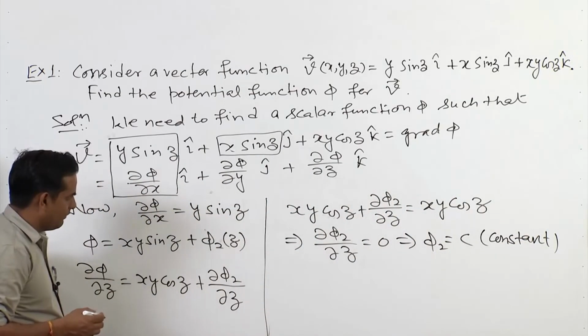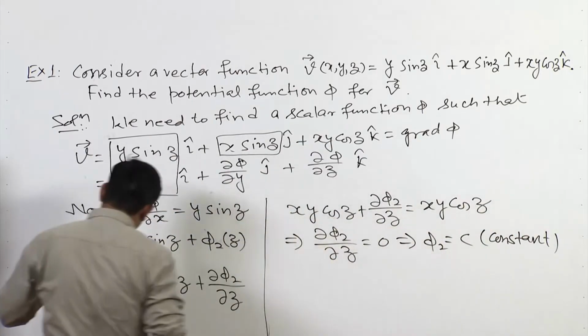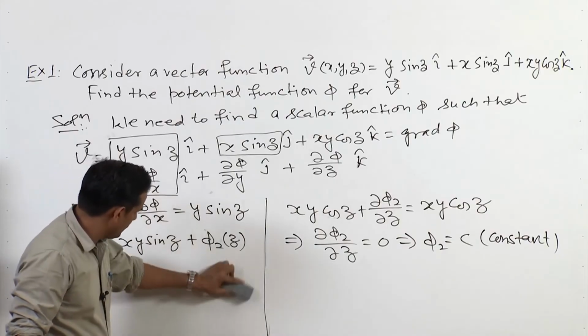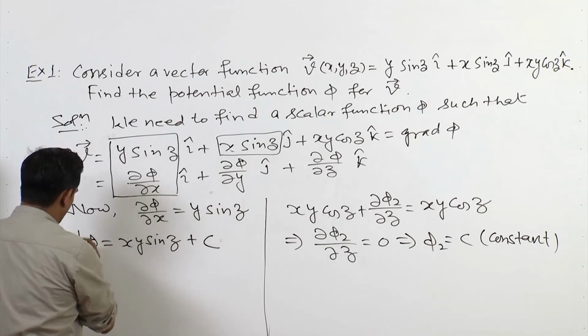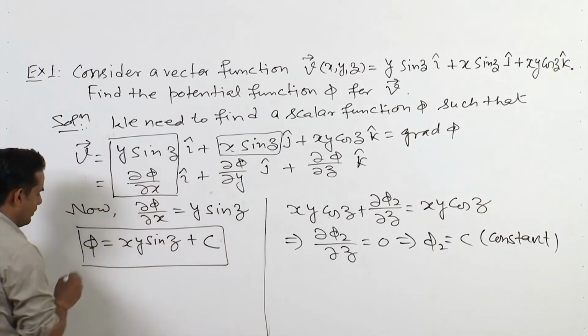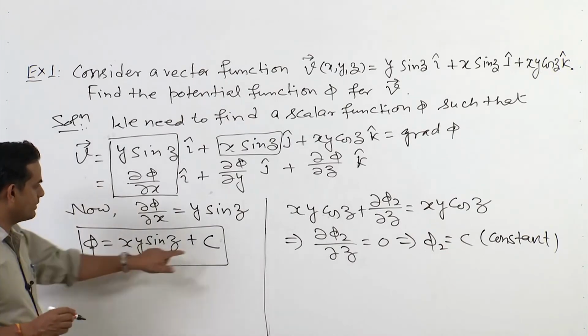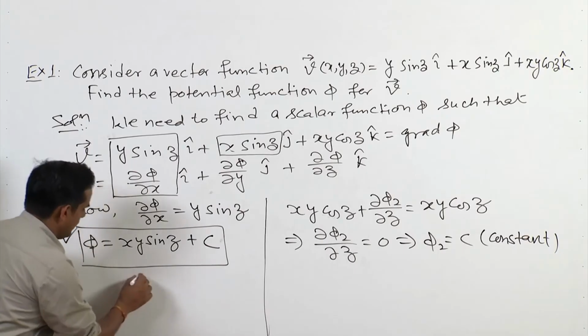So, we got the value of phi 2, which equals c, where c is a constant. So, let us put this value of phi 2 here. So, I get phi equals xy sin z plus constant c, and this is my final answer.